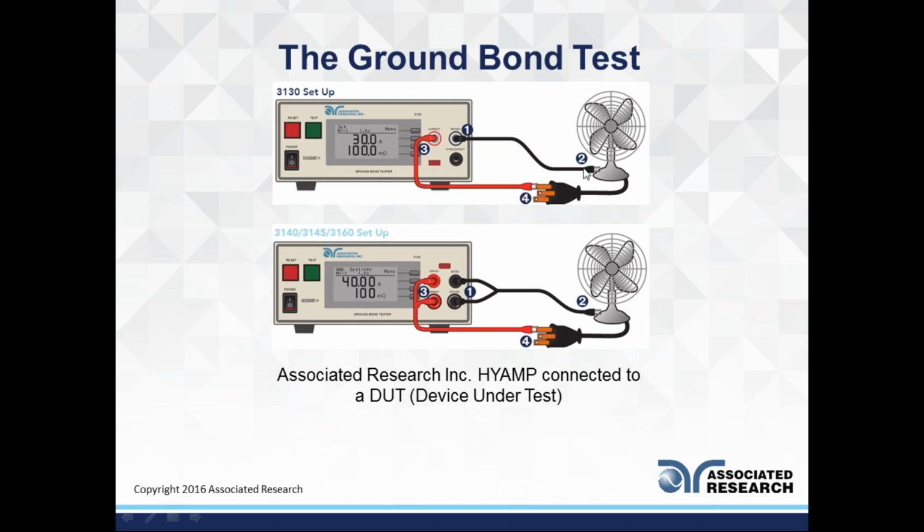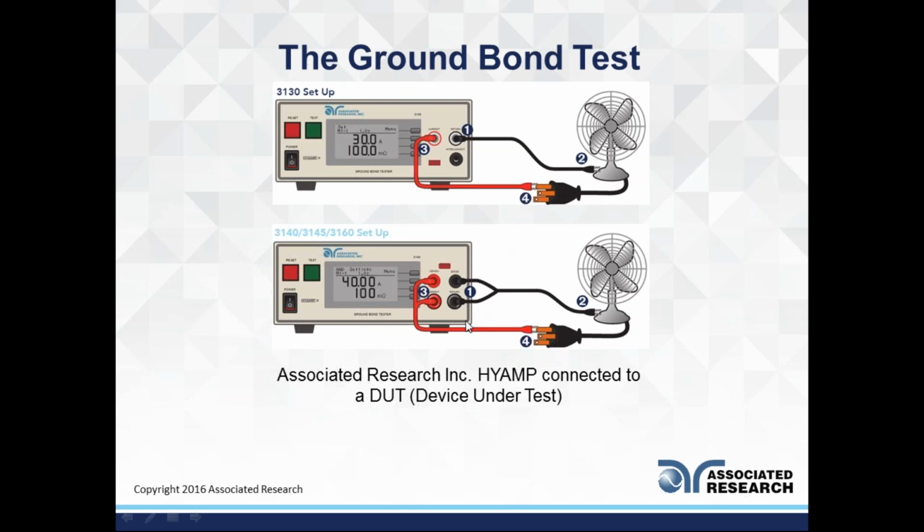It's not fair for your product test to count the resistance of our test leads in that value as well. So in this situation, we would use our offset feature. We disconnect the leads, hook them up together, and run your offset, and we'll find the value of the resistance in those leads. That will be subtracted from your final results.